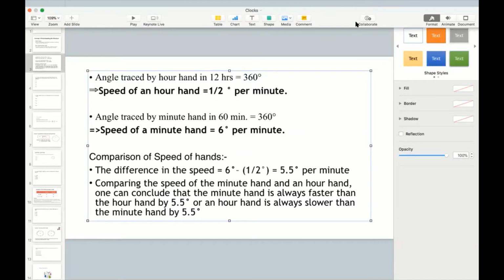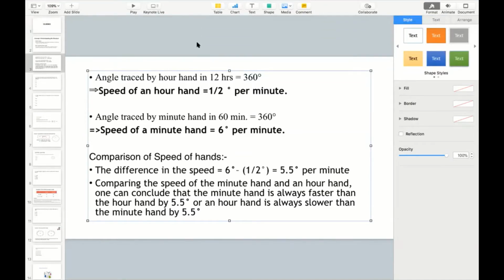The reference point is 12 o'clock, so they have started their movement from the same position. And they are also moving in the same direction, following the same path, so we can use the concept of relative speed. Since they are moving in the same direction, the relative speed will be the difference of the speeds. So that will be 6 minus half, 5.5 degrees per minute.